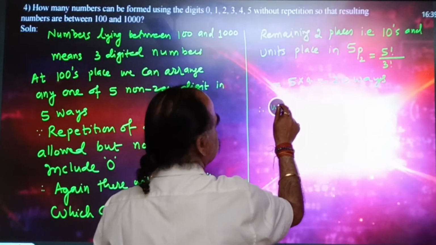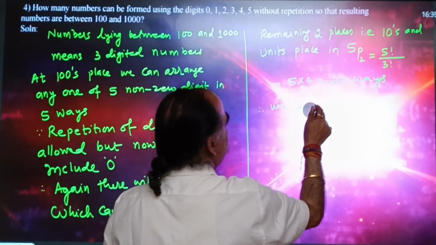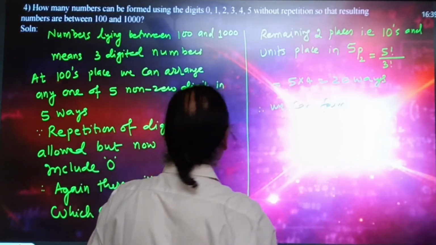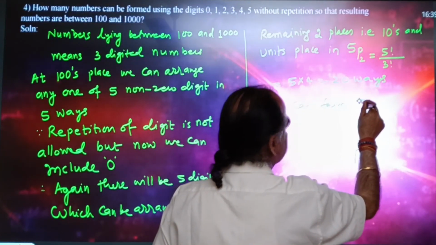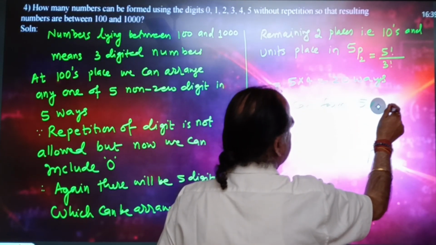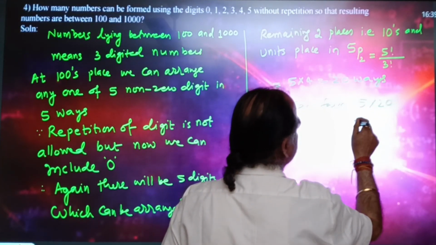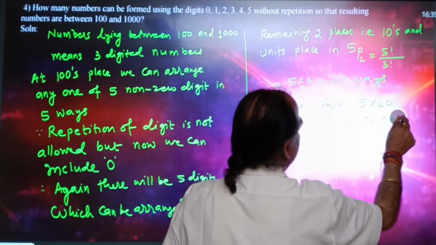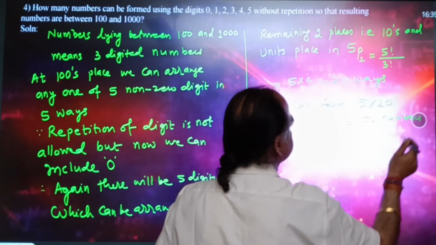Therefore we can form 5 ways for hundreds place and 20 for the remaining two, 100 numbers.